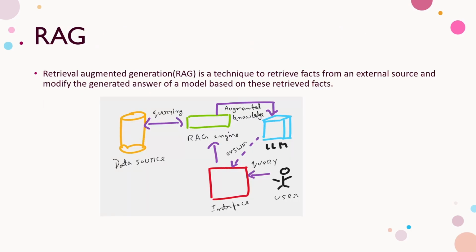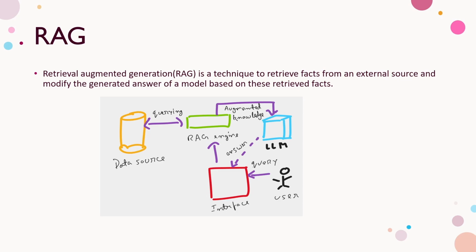Now, what is RAG? Retrieval augmented generation, or RAG, is a technique to retrieve facts from an external source, that is a knowledge base, and modify the generated answer of a model based on these retrieved facts. So here you can see a very small diagrammatic representation of what a RAG system would look like.